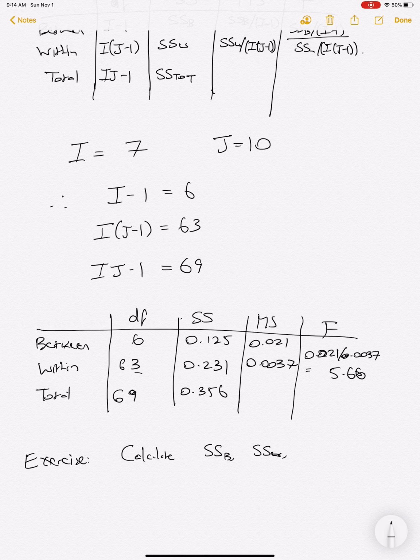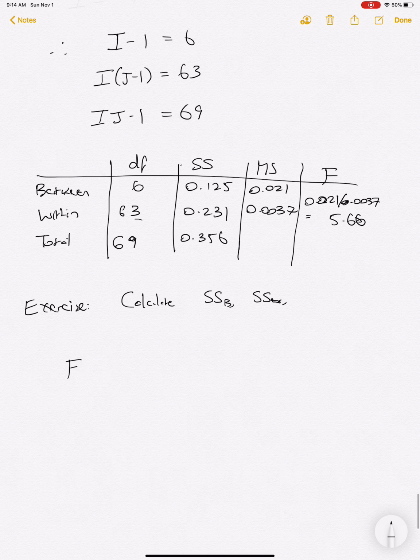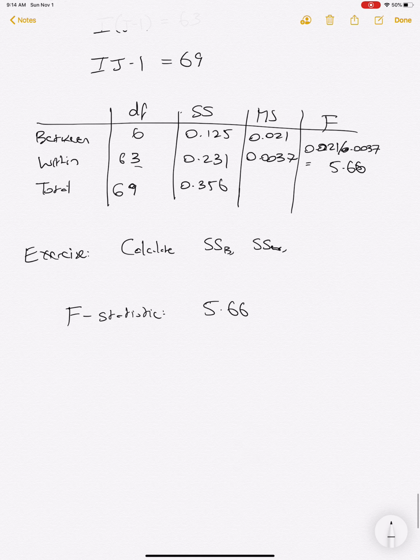So your F statistic gives you a value of 5.66. Under H naught, your F should have the F distribution, with degrees of freedom 6 and 63.